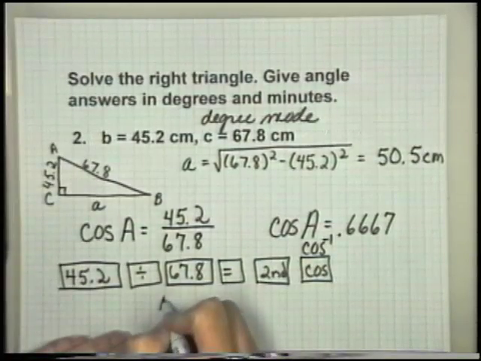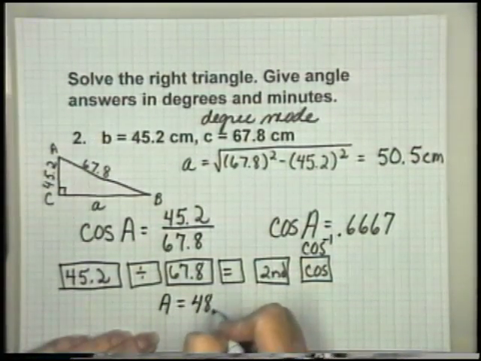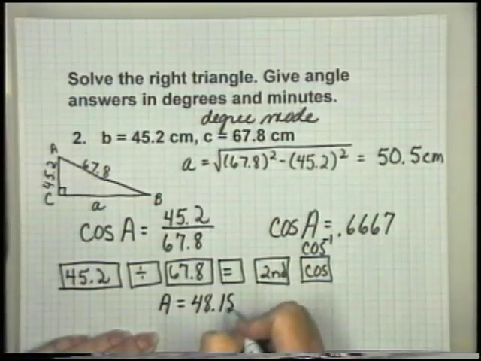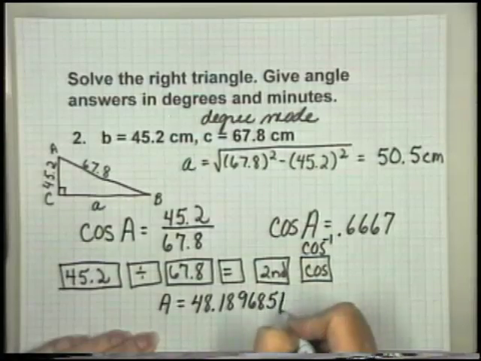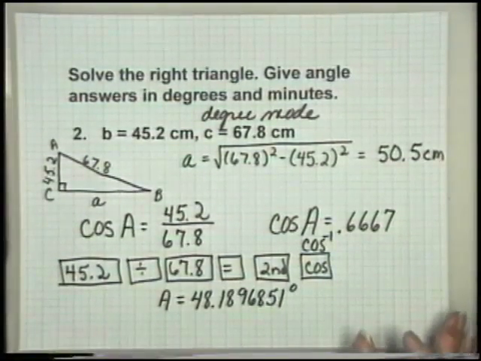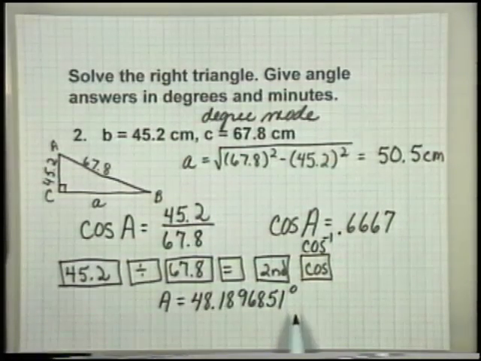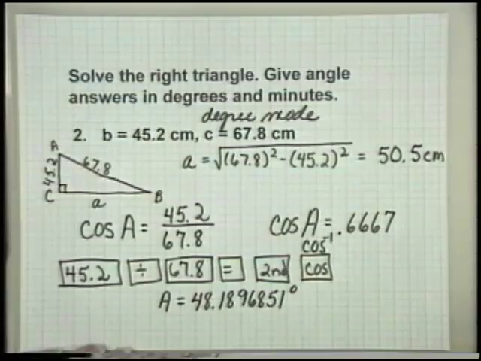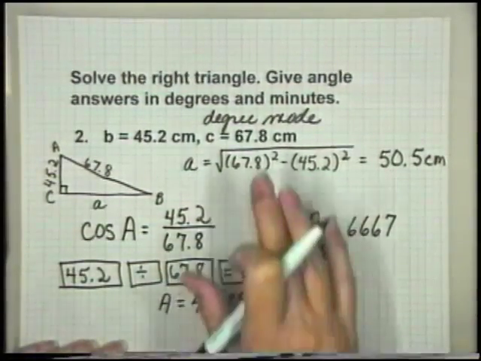Now here's what I got. I got that angle A was equal to 48 point, and then I got all these decimal places, and you don't really need all those, but I just want you to have an idea of what you might be looking at. You may have more decimal places depending on your calculator and how your calculator rounds.